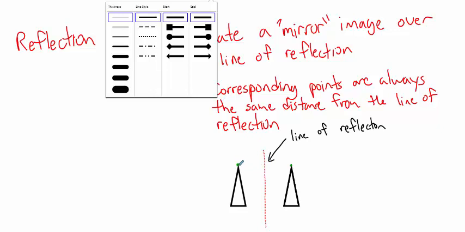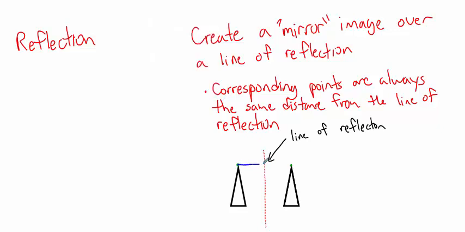So if we measured this point to the line of reflection and this point to the line of reflection, these distances would be the same. Since this point here corresponds with this point here, this distance and this distance would be the same, and same for this third vertex.